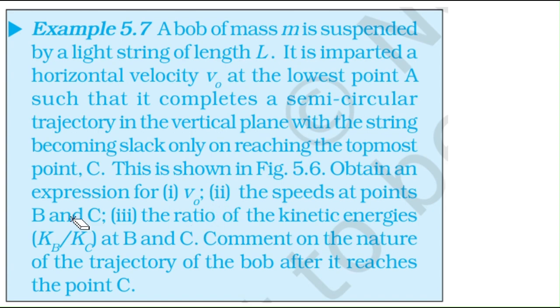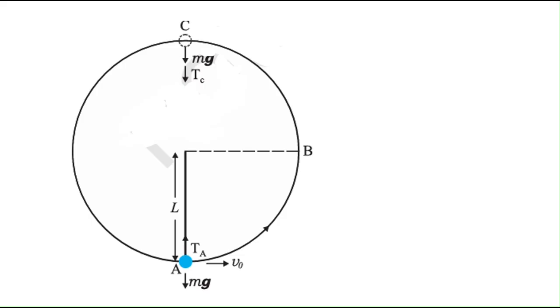First, at the lowest point, we are going to consider the potential energy to be 0. This is our reference level. But there is kinetic energy. As this bob has velocity v naught, there is kinetic energy of 1 by 2 m v naught square.